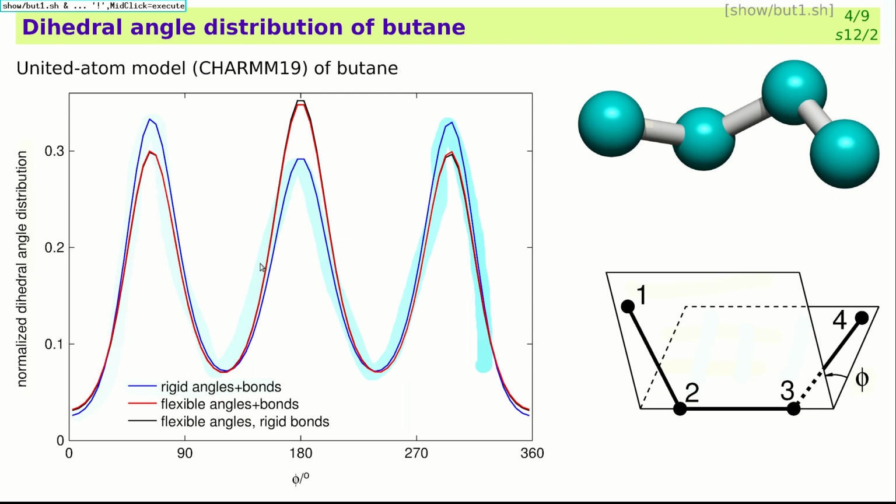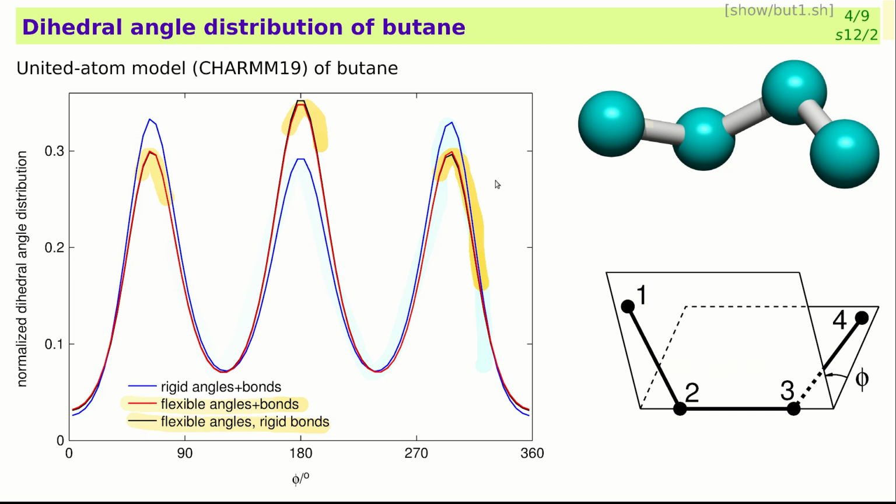Red and black ones differ too, but a bit only. In this case, angles are flexible, but in one case the bonds are rigid, in the other case the bonds are flexible. But essentially it's not distinguishable. The differences are tiny.